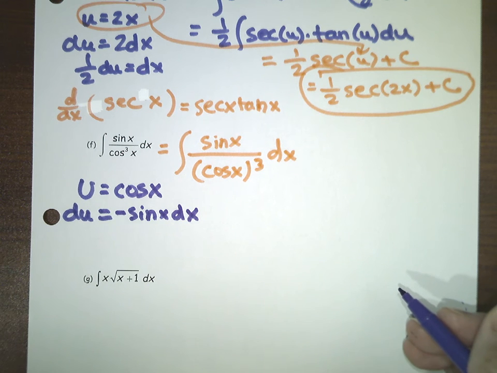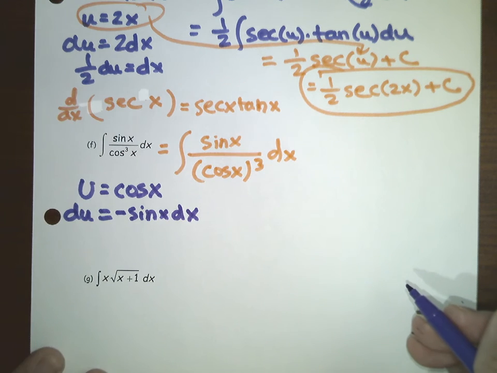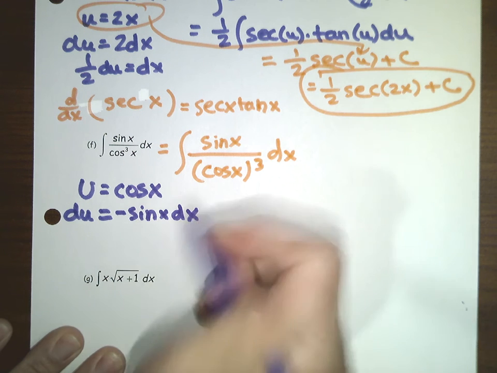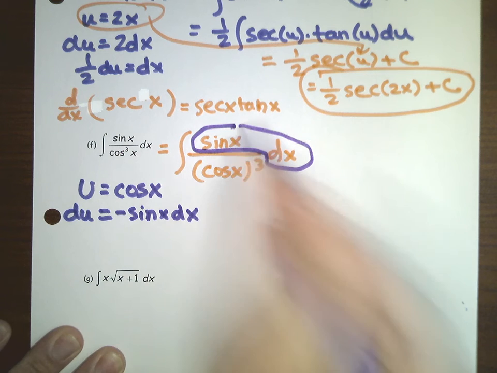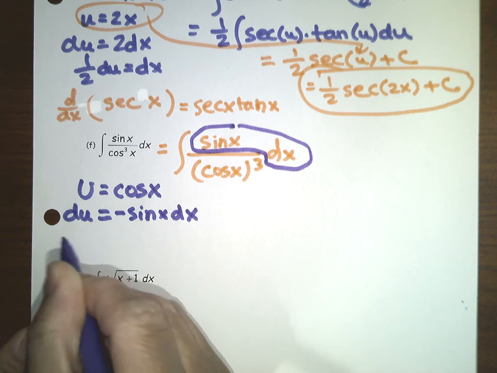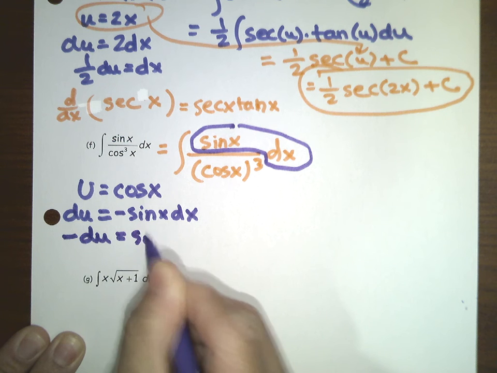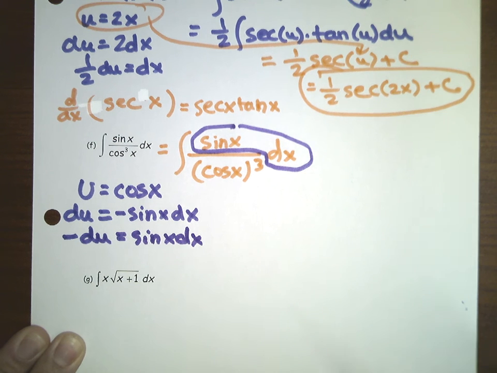Now what you need to do is rewrite this all in terms of u. But you see here, this is sine of x dx, so I need to divide by -1 to get negative du is sine of x dx. This is sort of like how I divided by 3 before and got the 1/3, or divided by 2 and got a 1/2. Here I just need to divide by -1.